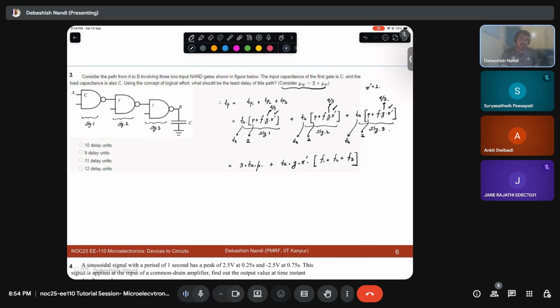Because F, the electrical fan out, is the only factor that depends on the load of the logic gate or the next stage input. What is the condition? We know this condition, right? For i equals 1 to 3, F of i should be equal to CL by C in. This is your CL. Do you understand this symbol?